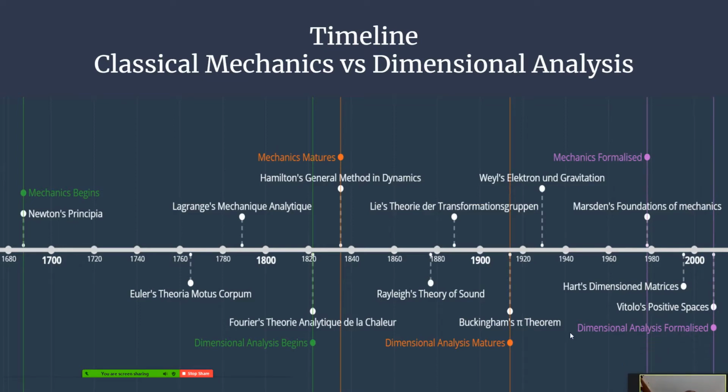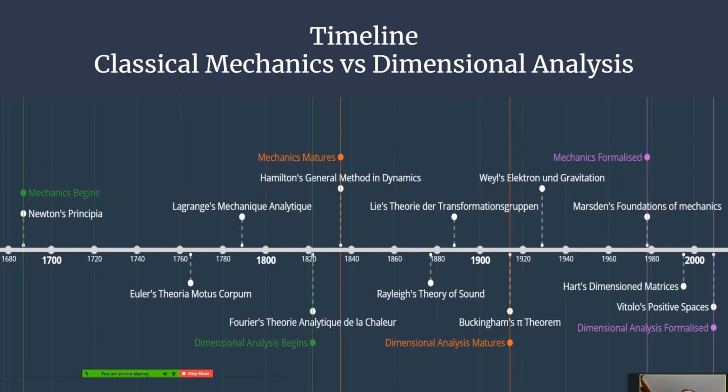So what's on this timeline? This timeline is trying to represent, as the title says, classical mechanics versus dimensional analysis. I should say a more geometric flavor of classical mechanics. I just placed some landmarks on the timeline.